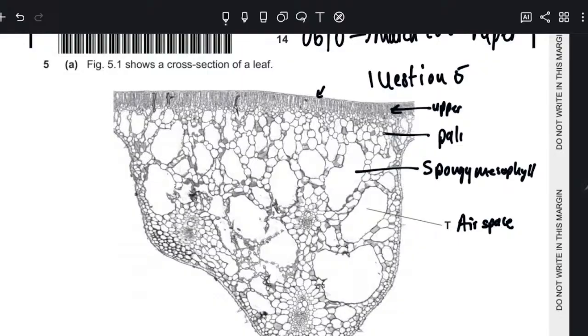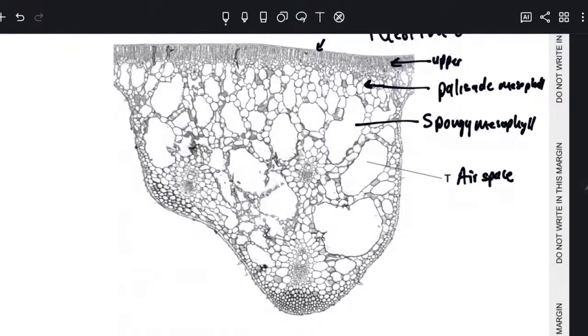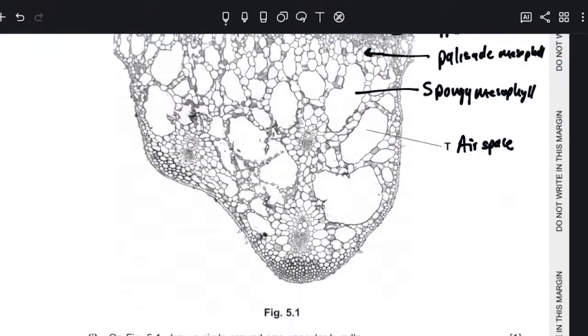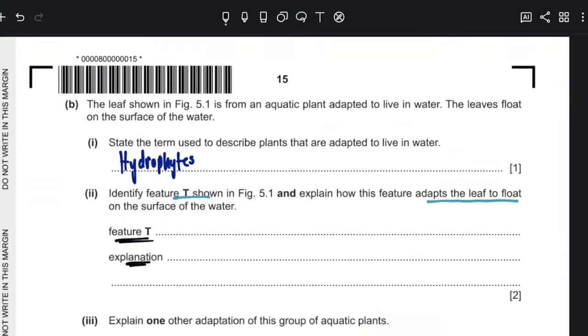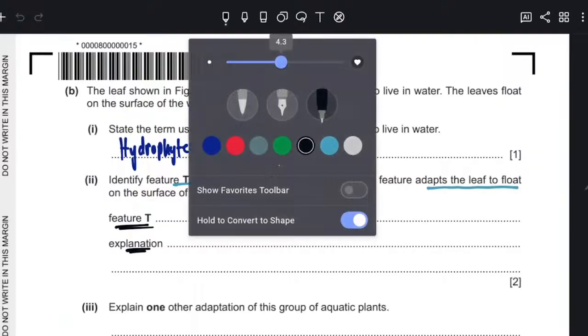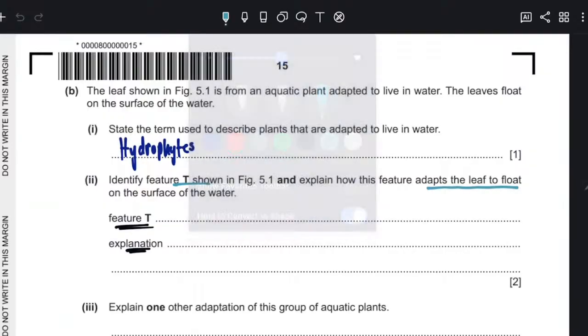Palisade doesn't have as much air space as the spongy mesophyll. If you come to the spongy mesophyll, you see the air spaces that we were talking about. So they had said, tell us what is T and how it helps the leaf to float. So what is T? It is the air space.